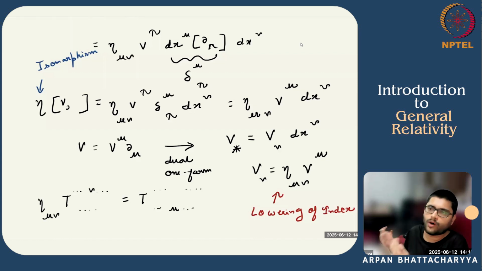This is how we lower the index using the Minkowski metric tensor. Of course, we will generalize this later for an arbitrary metric tensor, but we will postpone that discussion for the later half of this course.